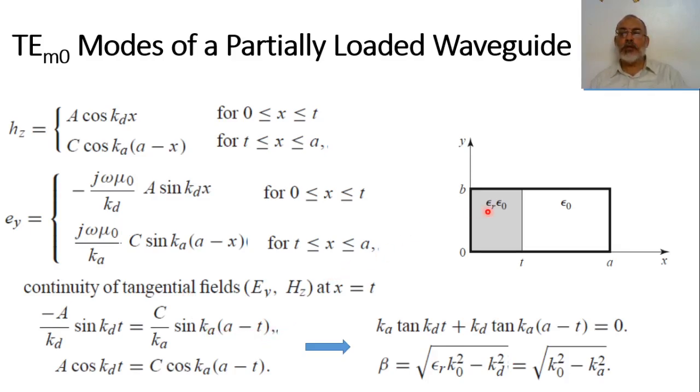The last boundary condition is that the tangential magnetic field at x equals t minus should equal the tangential magnetic field at x equals t plus. And it should be noted here, Hz is tangential to the plane x equals t.